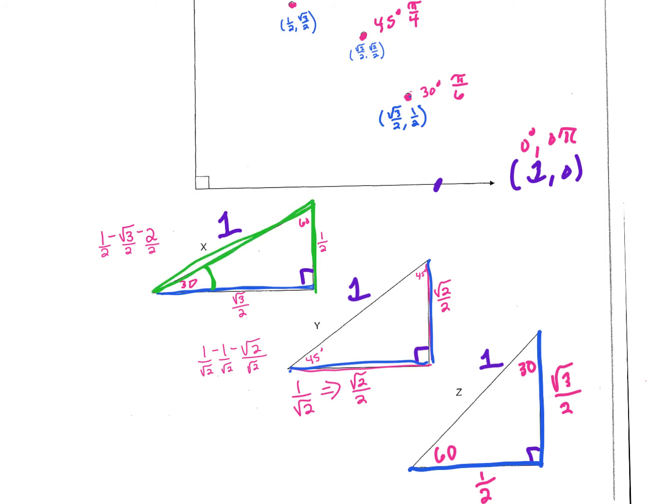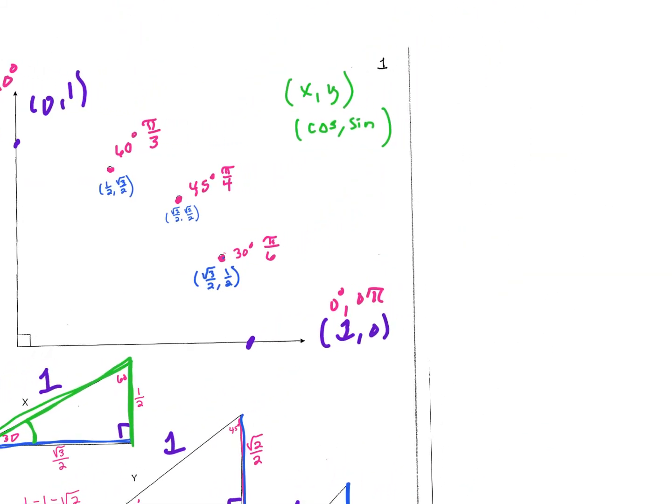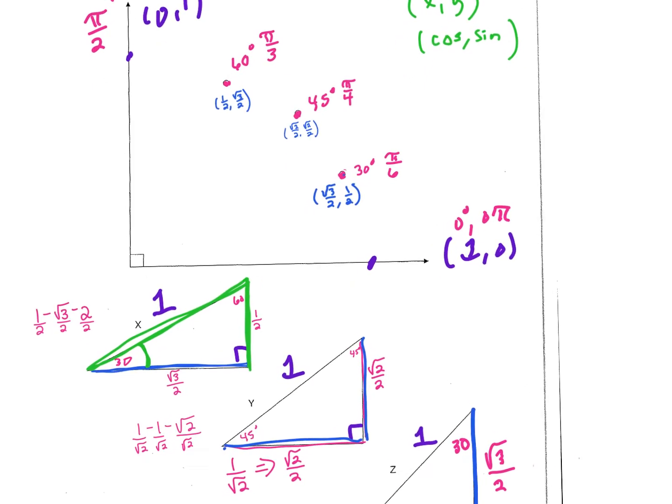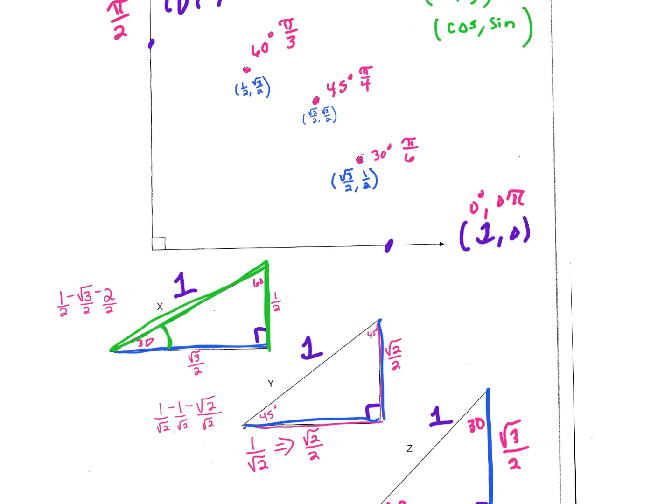So the beauty of forcing this unit circle to be 1 unit long is that our hypotenuse being 1 means all we have to look at is just this y value. So that's why the cosine value is the x and the sine is the y, because if we do opposite over hypotenuse and our hypotenuse is just 1, then really it's just the opposite side. Okay, so that's the beauty of the radius or the hypotenuse being equal to 1.